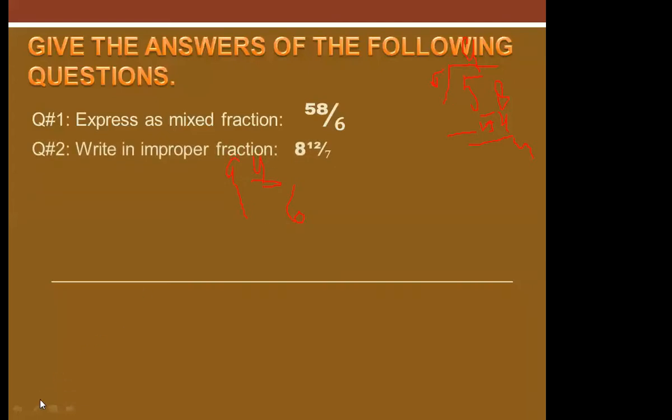Okay. Now moving on to the next one. Write in improper fraction. This is very simple. 8 whole 12 upon 7.